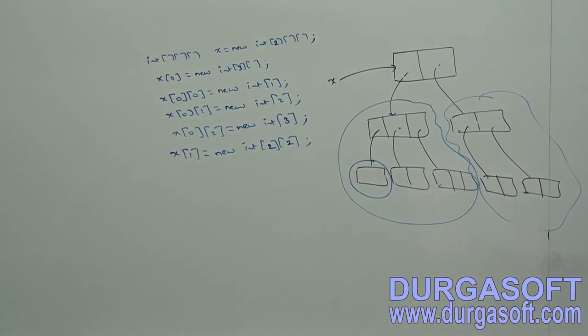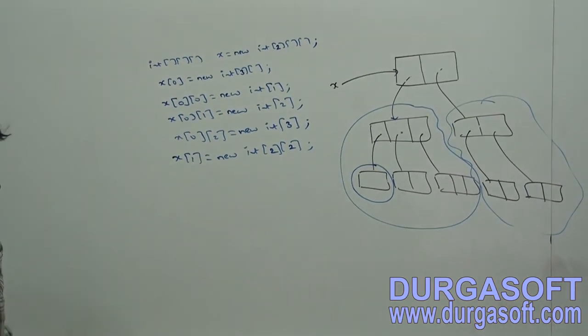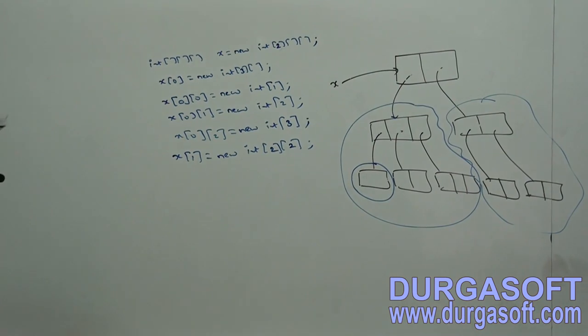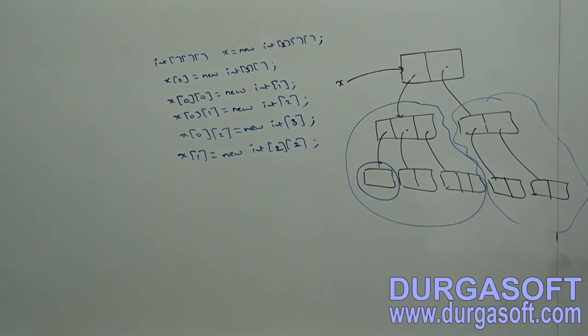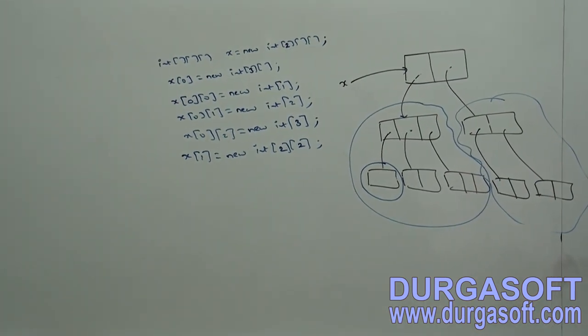Now, how to create a 2-dimensional array with variable sizes.